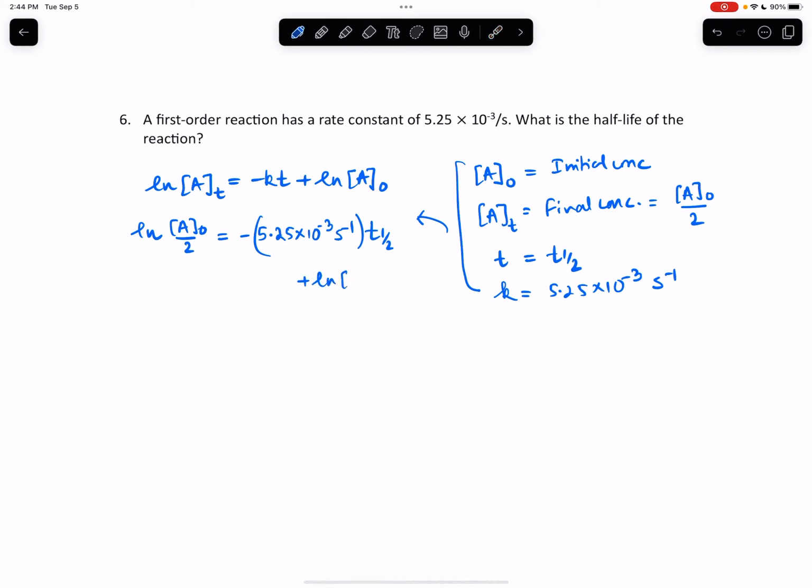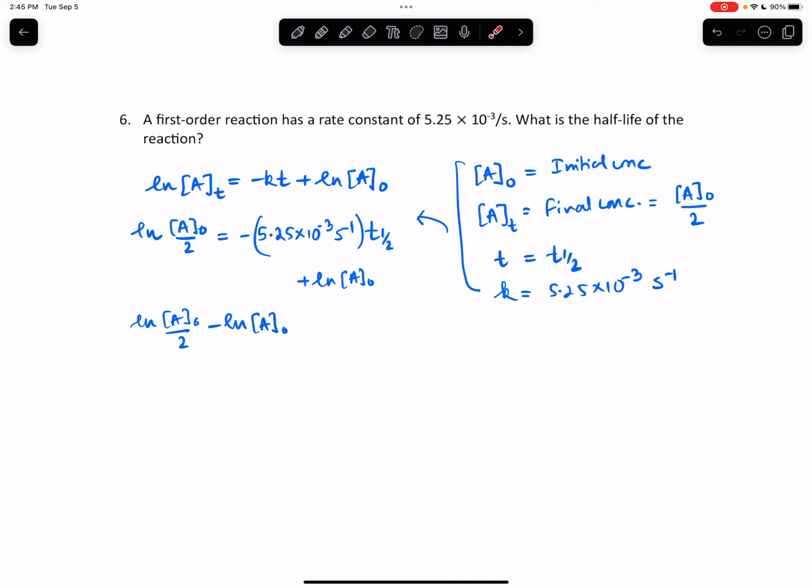So now if we take this term and combine it with this term on the left, we get ln of A naught over 2 minus ln of A naught.